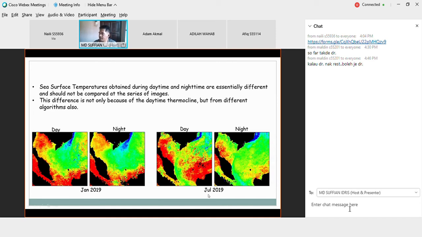Dan pada bulan Julai during summer, you boleh nampak perbezaan yang lebih besar, the temperature gradient. Yang warna biru ni, especially during July, this one is an upwelling area kat kawasan Vietnam. It's a very famous upwelling area.